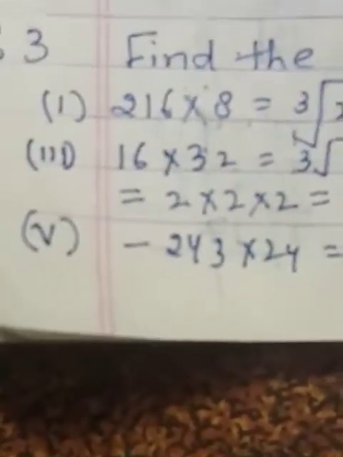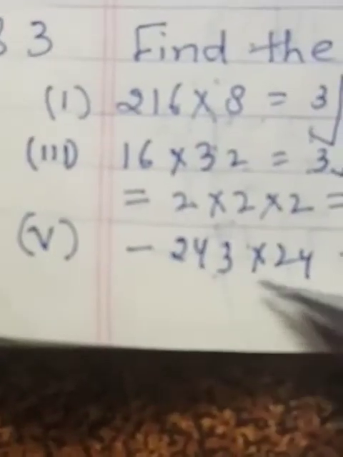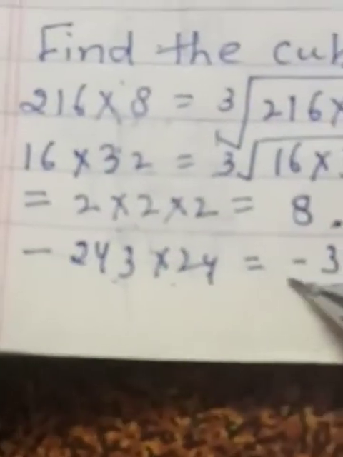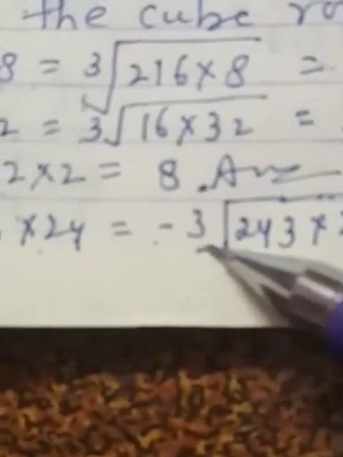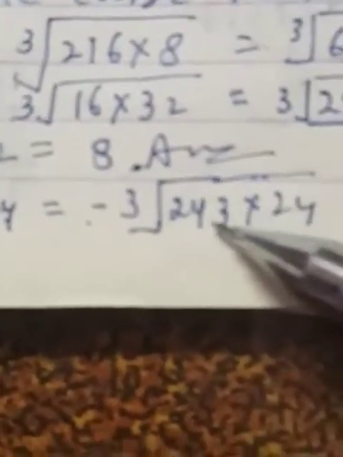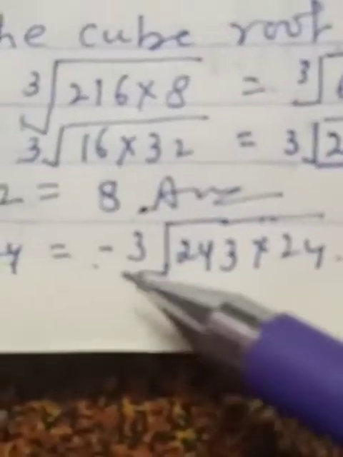Now next question, fifth part: minus 243 into 24 is equal to minus cube root of 243 into 24. We write it in this form: 3 into 3 into 3 into 3 into 3. 3 threes are 9, 3 nines are 27, 3 is 81, 3 is 243, into 2 into 2 into 2, 2, 4, 8, 3 eights are 24.